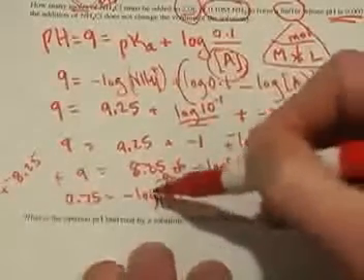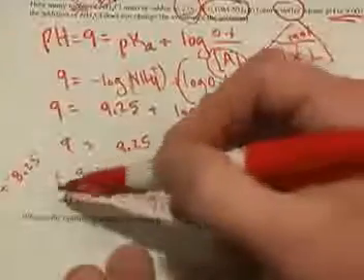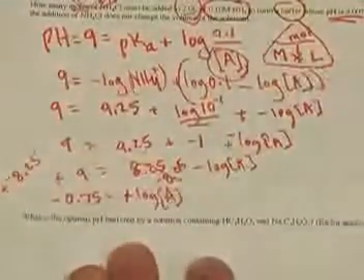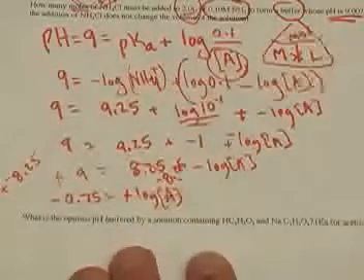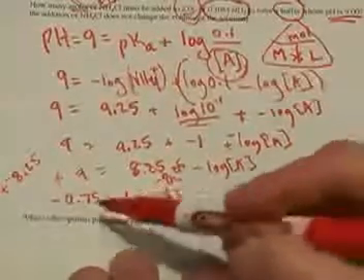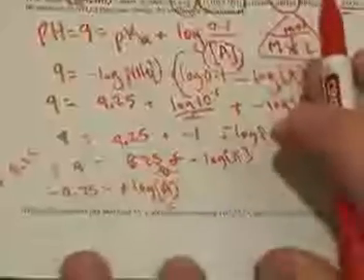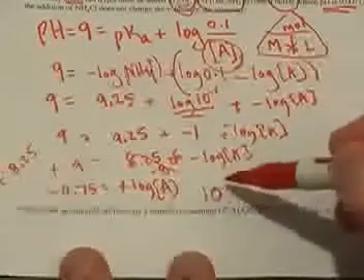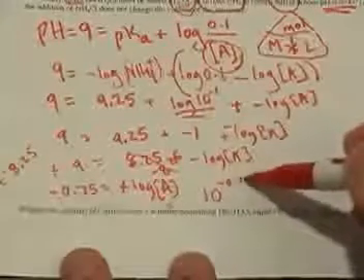Now, solving just for the log of A, I think I'll multiply both sides by a negative. So then the log of A is equal to 0.75. Now, to get A by itself, I don't divide both sides by a log. Be careful of that. I have to use the 10 to the x key, and I'll put in 10 to the negative 0.75.